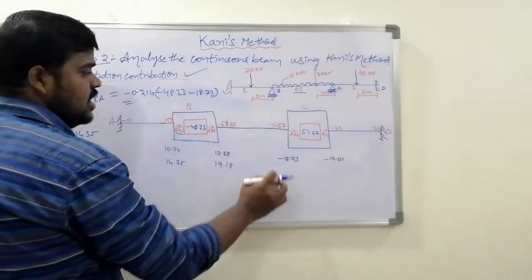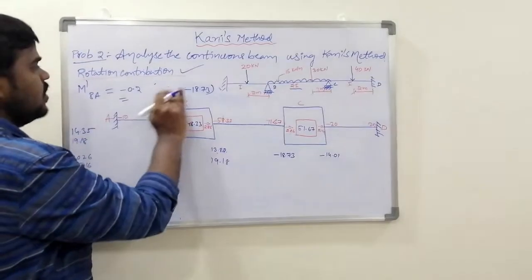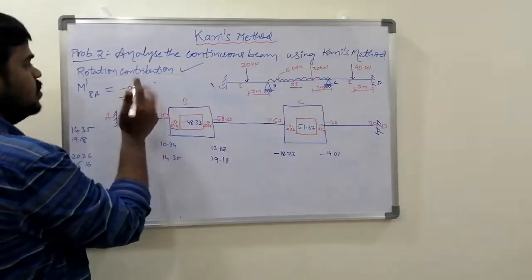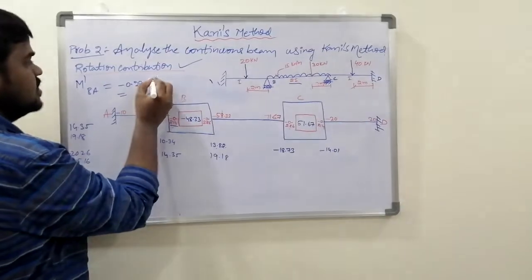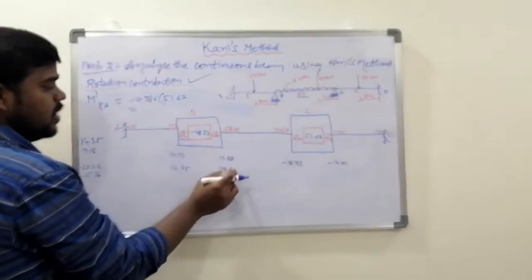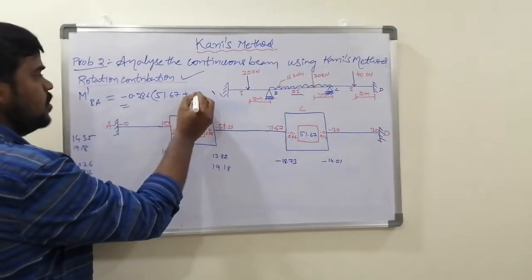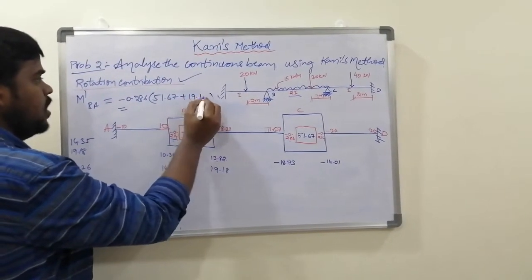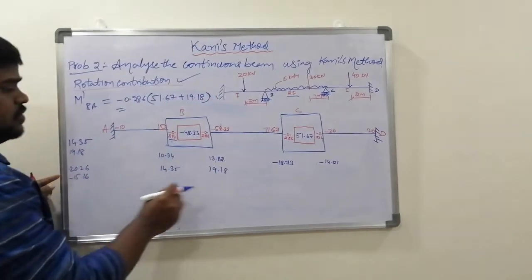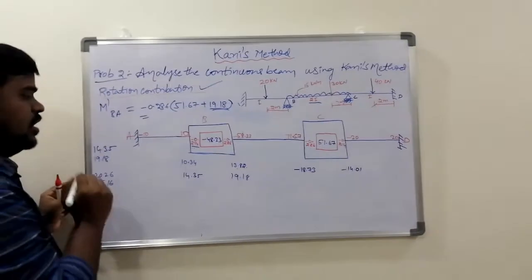Coming to C, here instead of 0 we can write 0.286 into 51.67 plus this 19.18 we have to write. This is important: while taking the far end contribution, this is most important in Canis method.